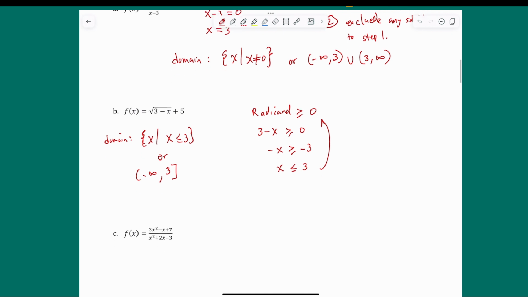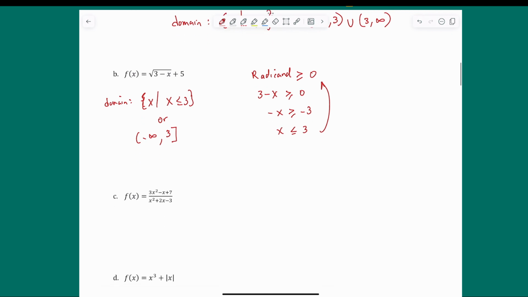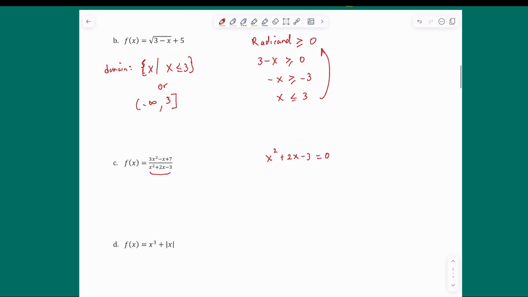Okay, so the next function here, we have a fraction. And once again, the denominator is x squared plus 2x minus 3. We want to know where x squared plus 2x minus 3 is 0. So we need to figure out where this happens. We'll solve this by one of the techniques we've learned. I believe it factors.